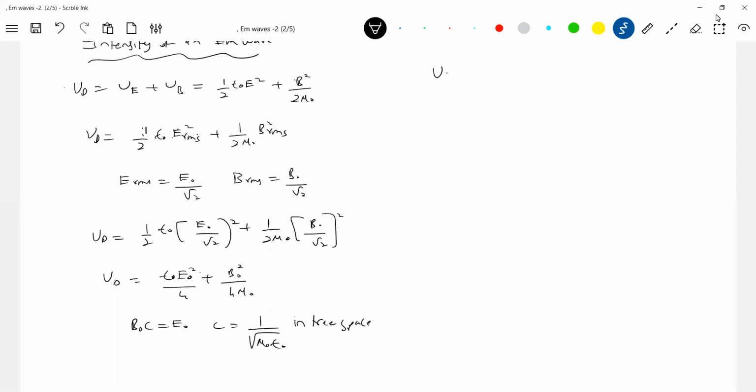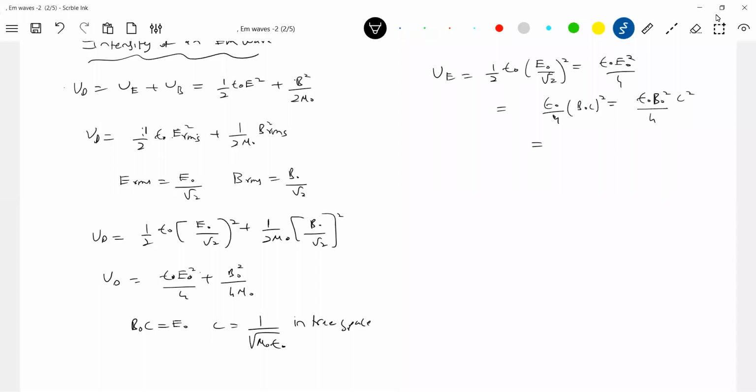So what is the energy density of epsilon naught? Let me see in what proportion these two energies are. What is E naught? E naught should be B naught C. So epsilon naught B naught whole square by 4, times C square.